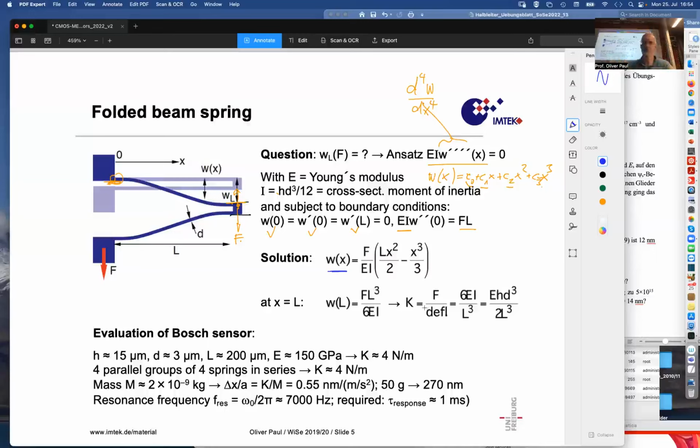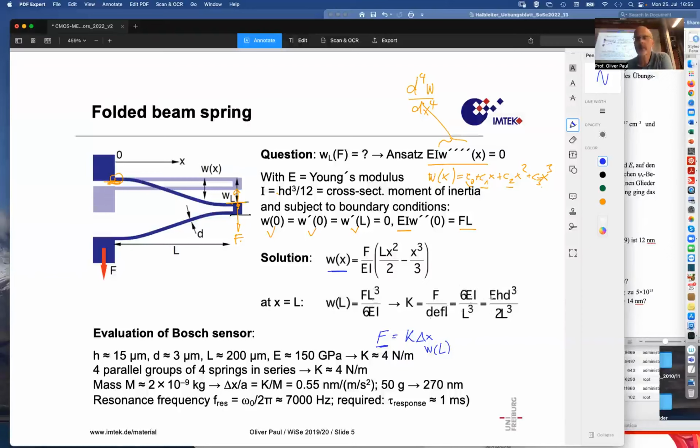With springs, force is equal to K times the elongation delta X. Here the elongation is in this vertical direction, the W direction. In response to F there is a certain delta X, and we identify that with W of L. So we calculate F over W of L, and this must be equal to 6 EI over L cubed.